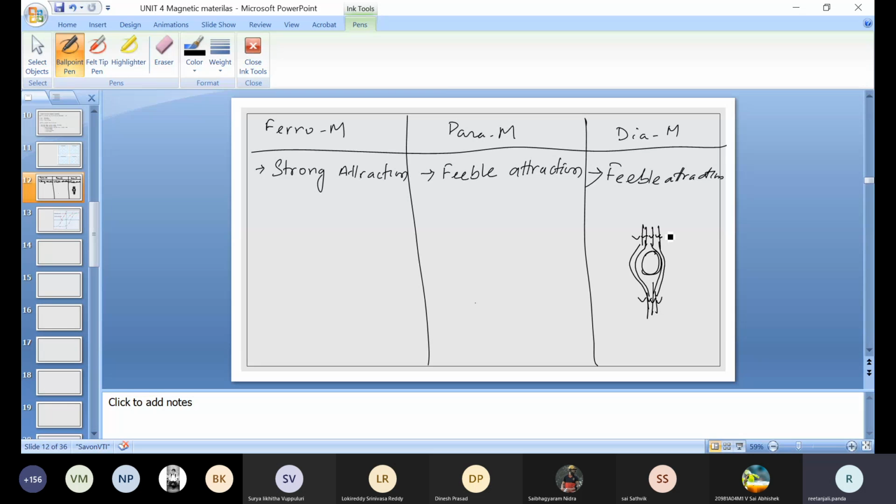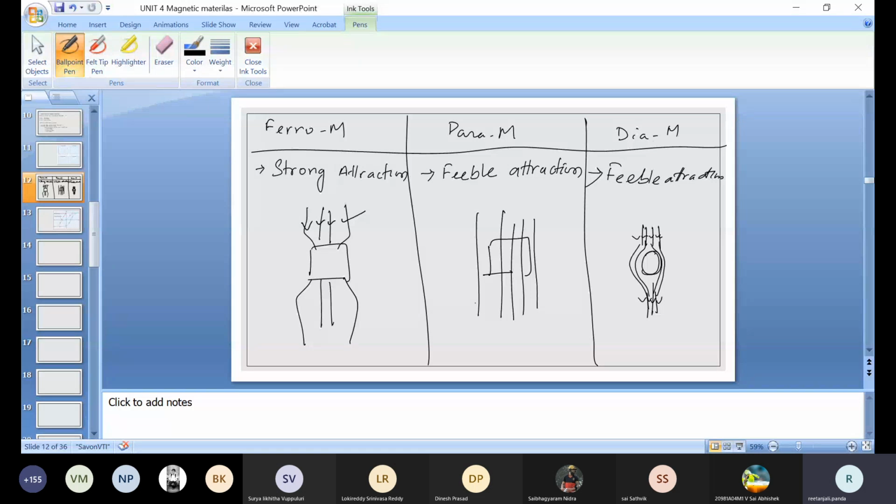This we cannot see in the case of ferromagnetic material, where the lines are attracted towards the material, totally opposite to the diamagnetic material. This is what we see in the case of ferromagnetic material, this in the case of diamagnetic material, and in paramagnetic material the lines pass through. Okay, this is the difference.